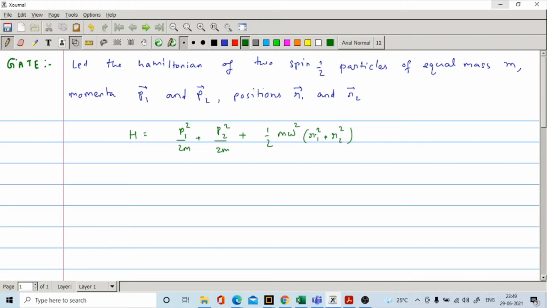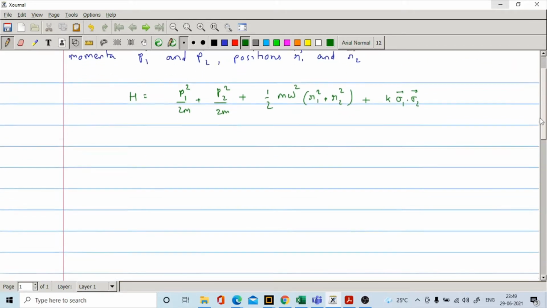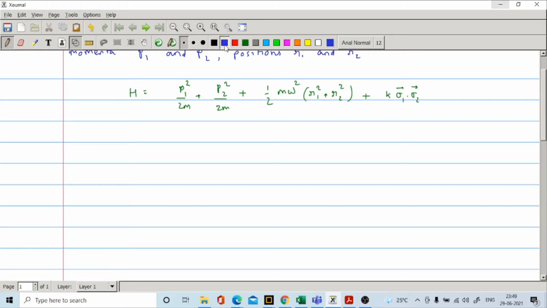So you must be able to recognize that this is the two-dimensional harmonic oscillator potential, and we have one more term, k sigma 1 dot sigma 2, and here sigma 1 and sigma 2 are nothing but the Pauli spin matrices.